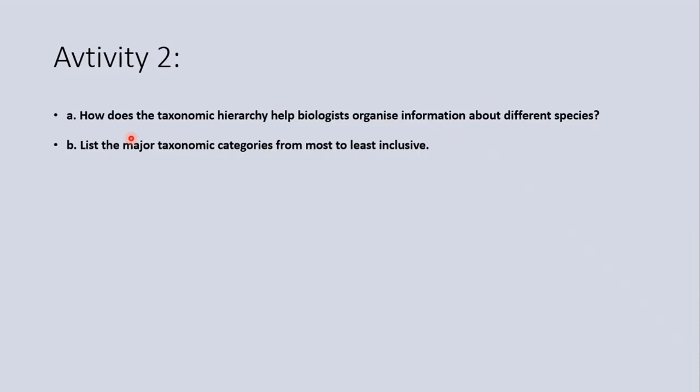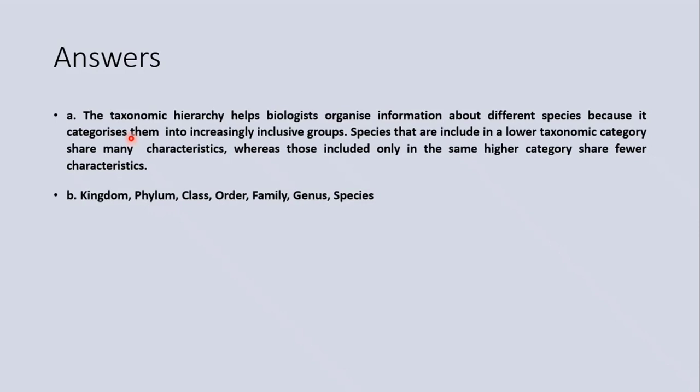And let's go back to A. How does the taxonomic hierarchy help biologists organize information about different species? Okay, so you are right on the B. It's kingdom, phylum, class, order, family, genus, and species. While we are still here, note that there might be exceptions.